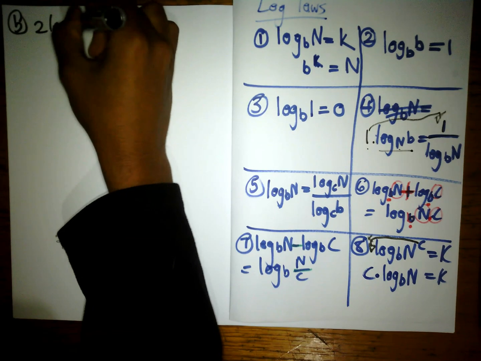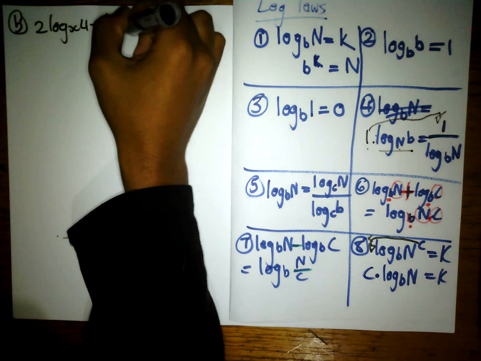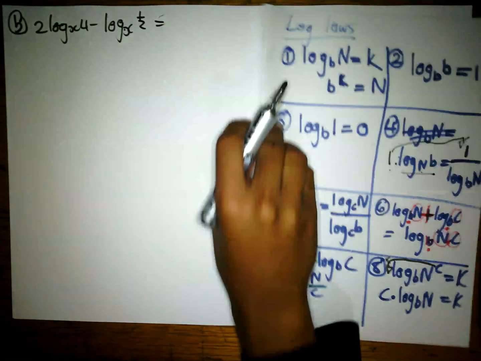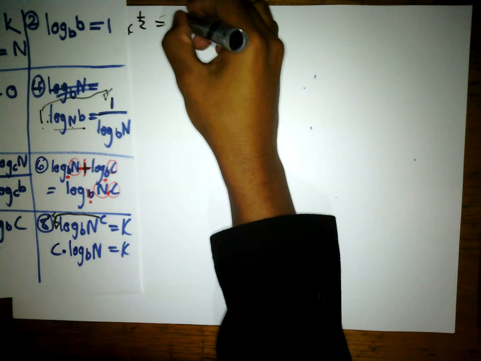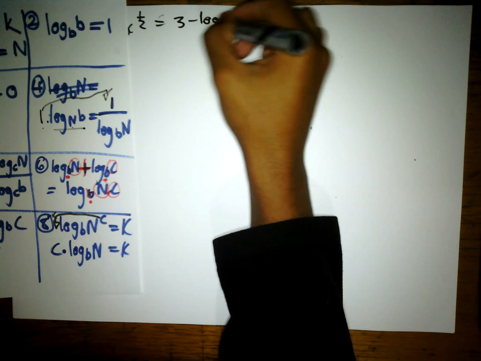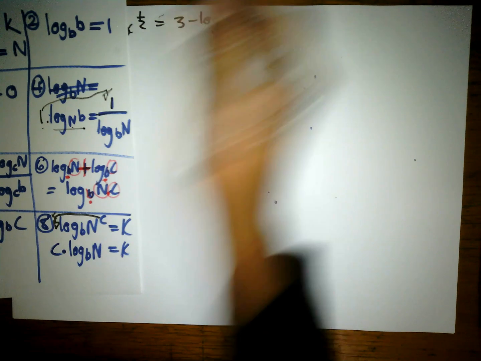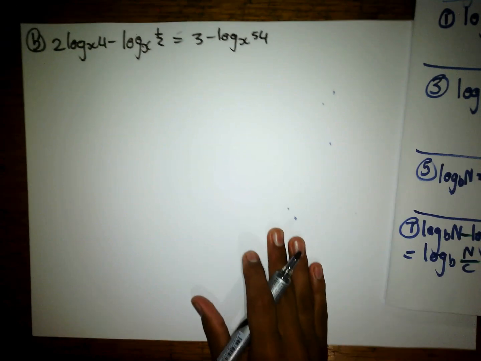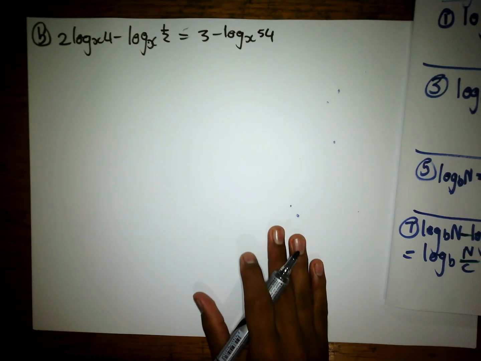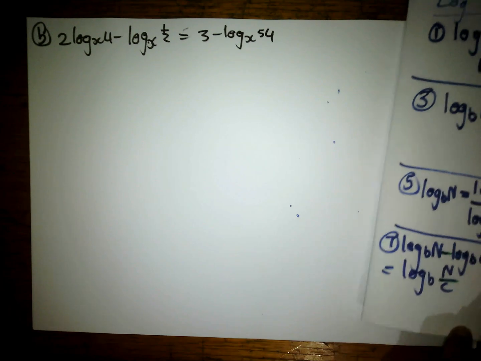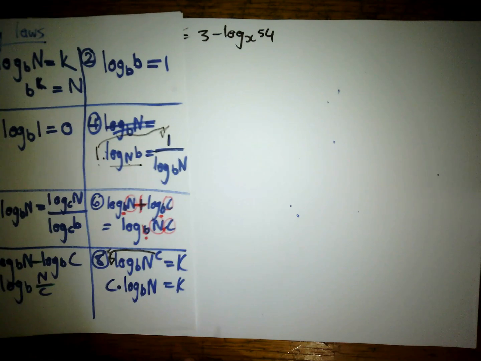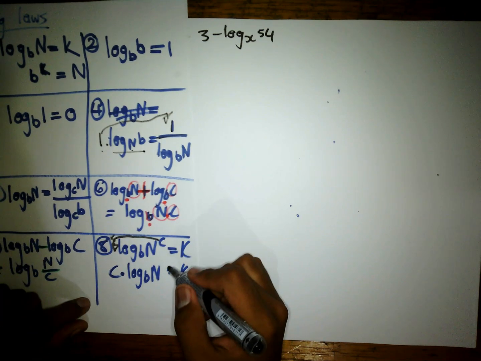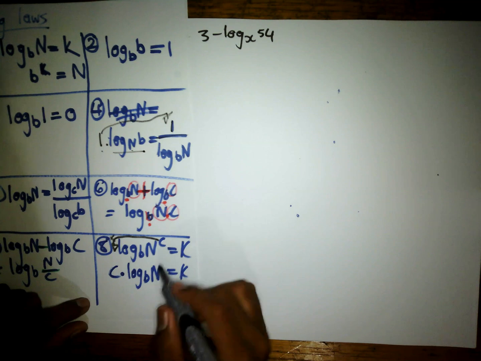2 log x 4 minus log x 1/2 equals. Okay, one thing I didn't mention perhaps with this rule number 8 is, you see here's an exponent.